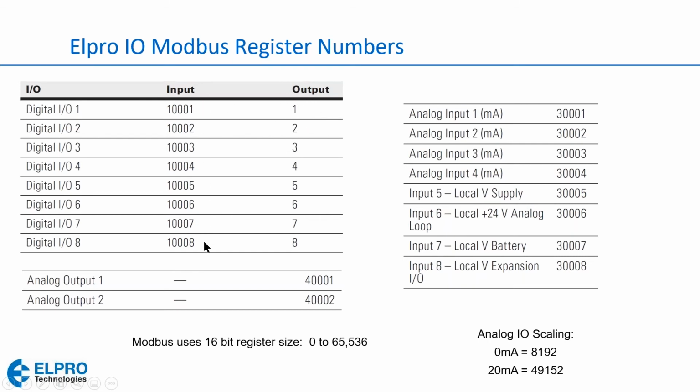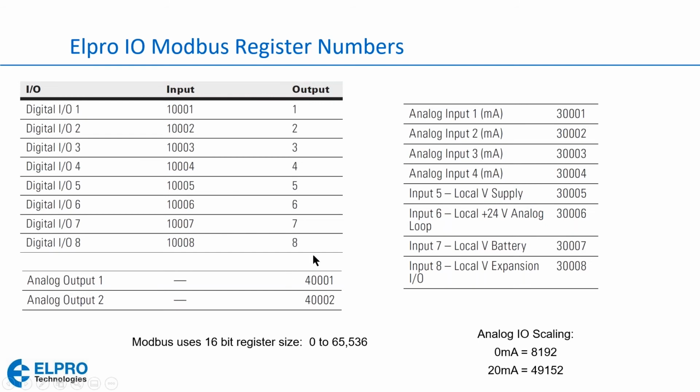Okay, so we have 8 inputs on the radio, and our numbering system starts from 1. Other manufacturers' numbering systems sometimes start from 0. So if that were the case, you would see digital input number 1 being shown as input 10,000, not 10,001. So it's important to remember that there can be a 1 register offset between different Modbus devices depending on where they start their initial register.